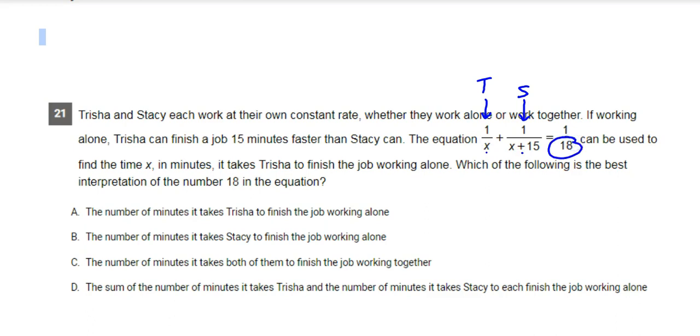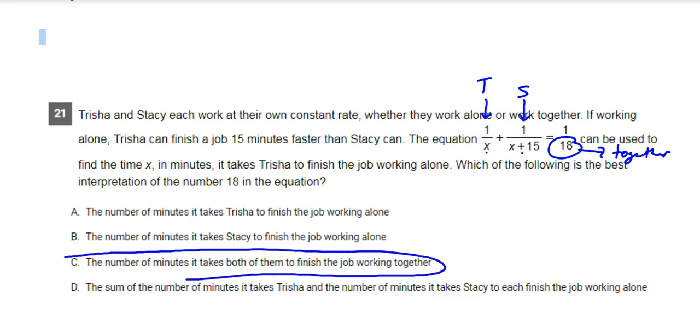So it looks like the 18 should represent together. So you didn't really have to solve anything. You just had to know how the structure of the equation was built. So the 18 is how long it would take them working together. So the correct answer would be C here, the number of minutes. So that one, you just got to know the format of the question.